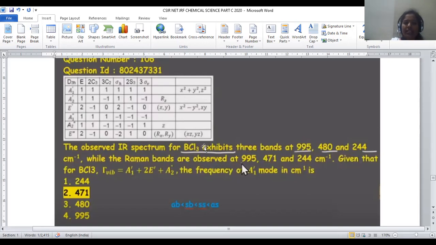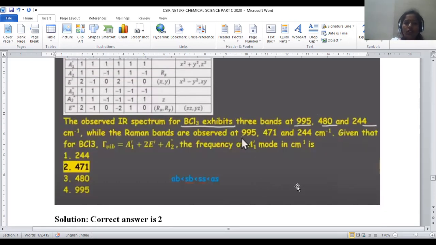Okay, for the BCl3 molecule, IR data and Raman data are produced. For IR data, three vibrational frequency values are given. For Raman data, again, three values are provided to us. Among all, what we have to predict is the A1 dash mode frequency value.